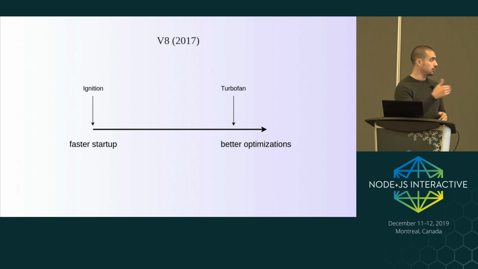It would be closer to the right if we graphed that on a scale, and comparing with the previous one, now the interpreter Ignition would stand farther to the left. It would have less startup time for JavaScript to run.